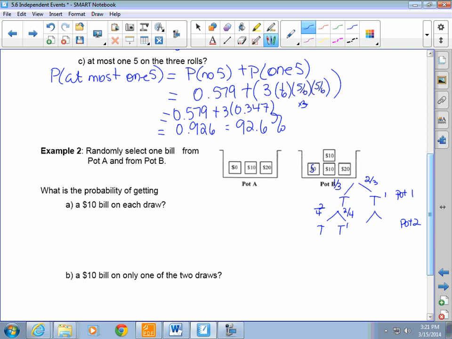If the first one wasn't a 10, then the probability of getting a 10 out of the second pot is 2 out of 4. Probability of not getting a 10 on the second pot then is 2 out of 4. So this says, what is the probability of a $10 bill on each draw?